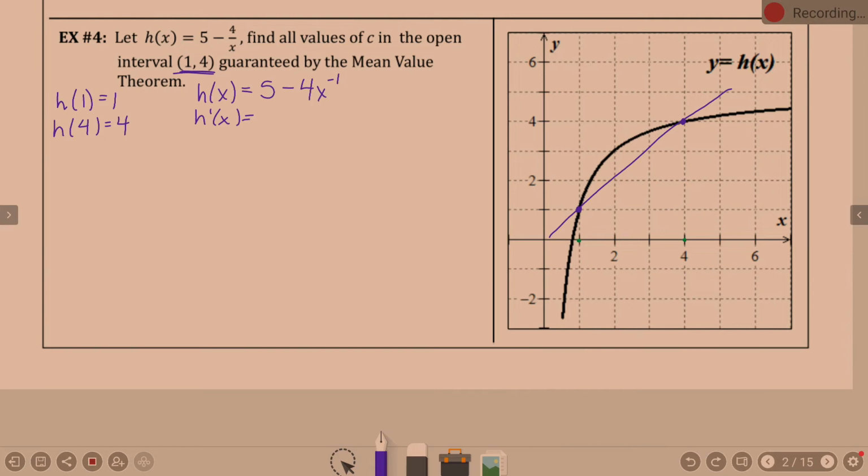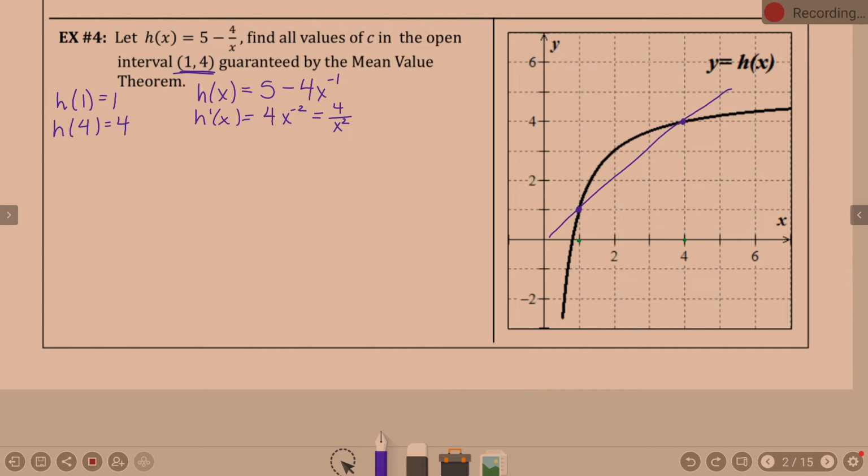I brought that x to the top so I could do my derivative, and it's going to be 4x to the negative second, which could be rewritten as 4 over x squared if you want. Knowing I'm going to have to work with it, I kind of want it that way.